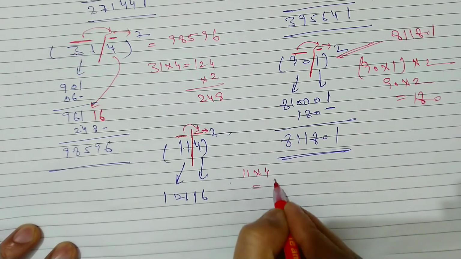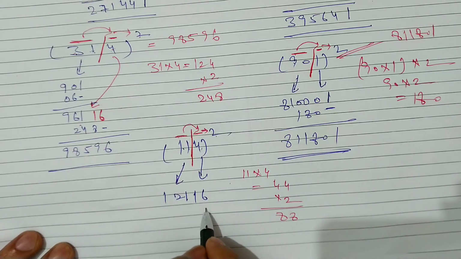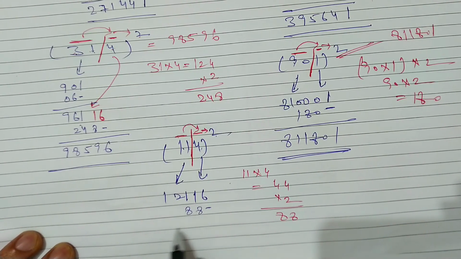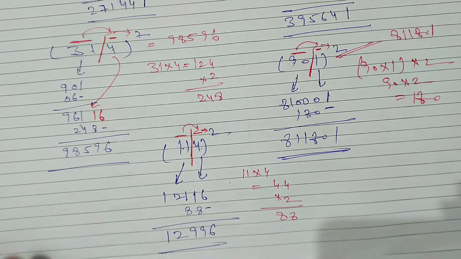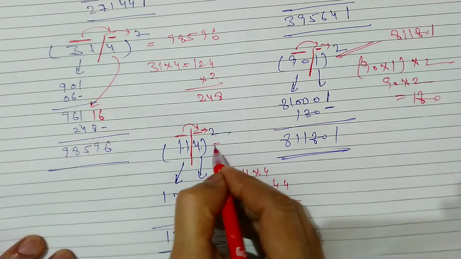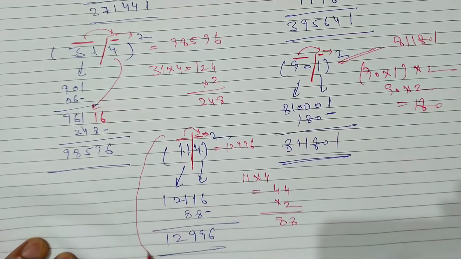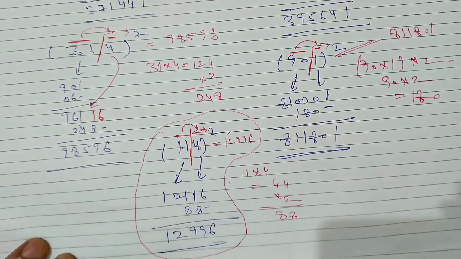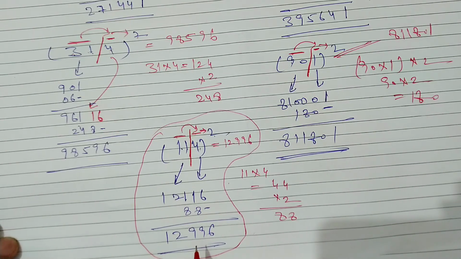So write 88 over here. We are left with 12996. So the square of 114 is 12996. This is a shortcut method to find the square of any number.